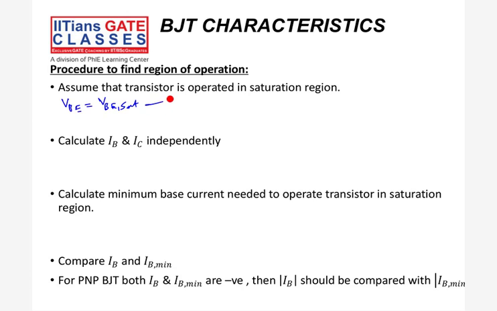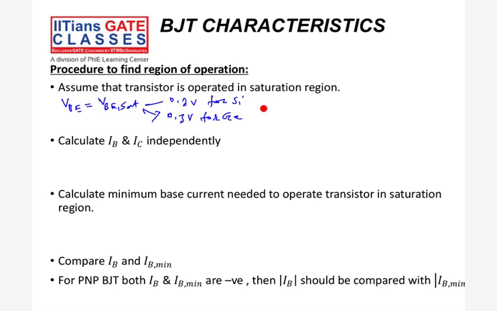This value is 0.8 volt for silicon, and 0.3 volt for germanium.